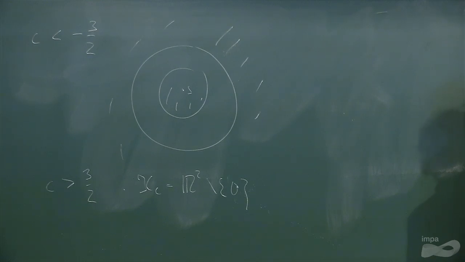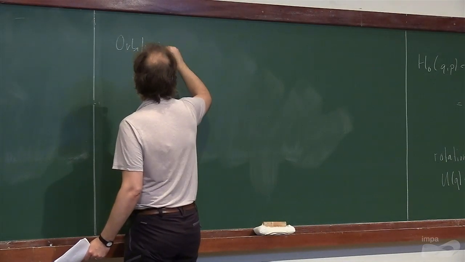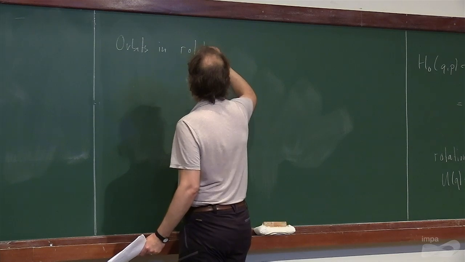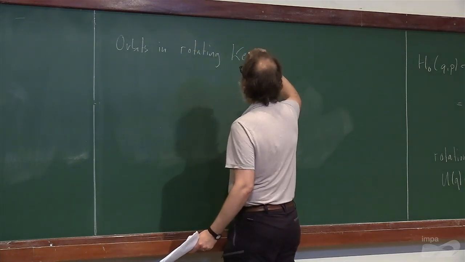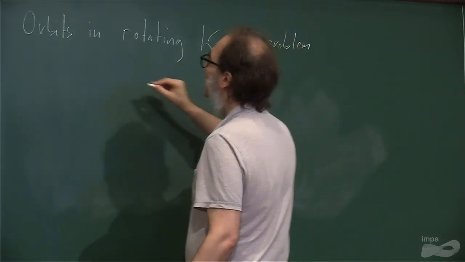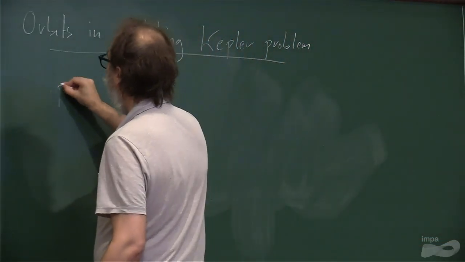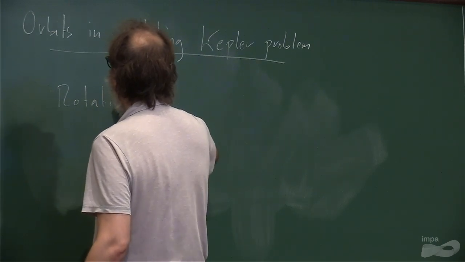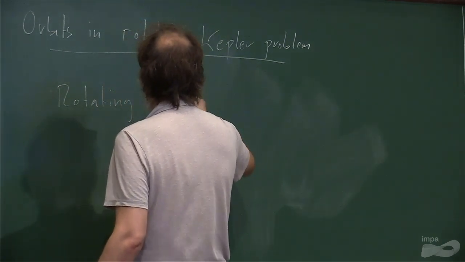So orbits in the rotating Kepler problem are rotating ellipses.